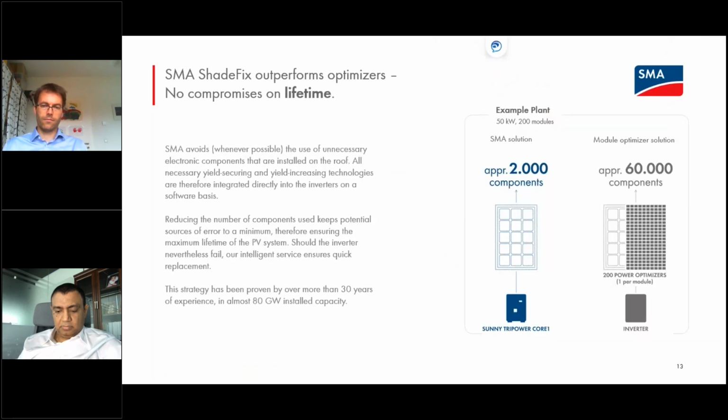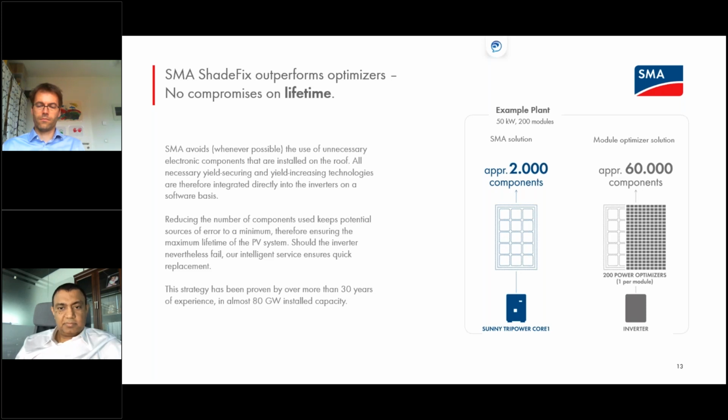Here we do also have a differentiation between the SMA solution with the integrated algorithm on that side. We have roughly 2,000 components which are needed to build an SDP50, a 50 kilowatt inverter.